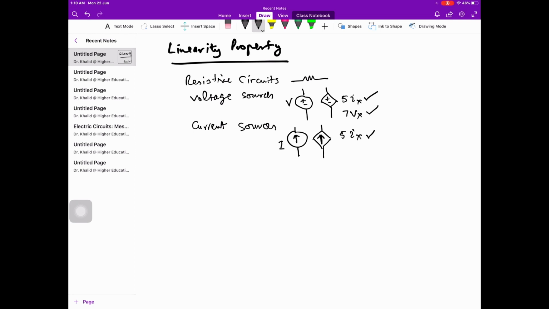And this may be, say, 2.5 Vx. Again, this is a current source, but now the current depends on a control variable Vx, which may be the voltage across some circuit element. So when we have fixed resistors and dependent and independent voltage sources and current sources, the circuit is essentially linear.